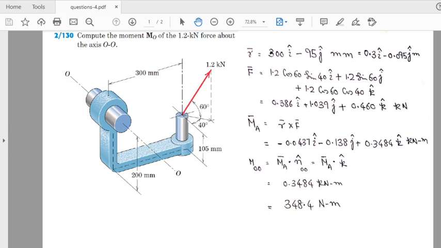So first we can take an axis system. Say we select the origin at the 90-degree angle of the bracket, and x-axis along the base of the bracket, y-axis along the vertical side of the bracket. So z-axis is going to be along line OO. Line OO is going to be parallel to z-axis.